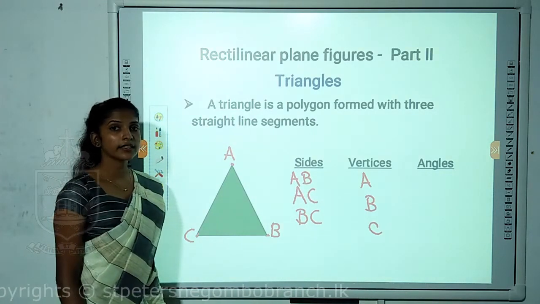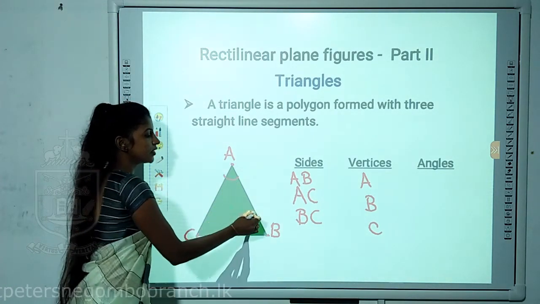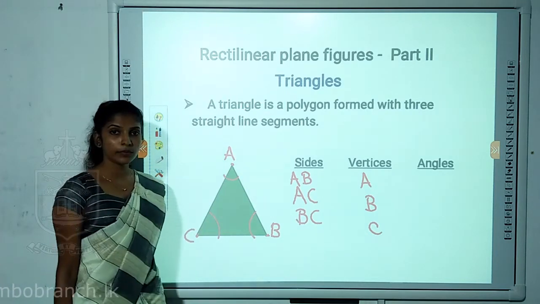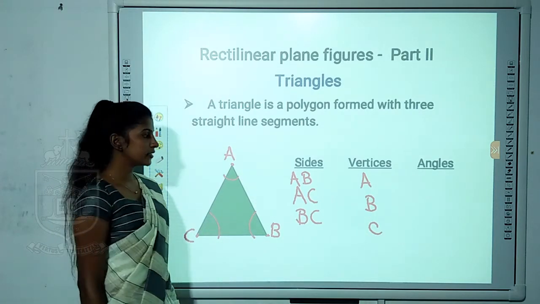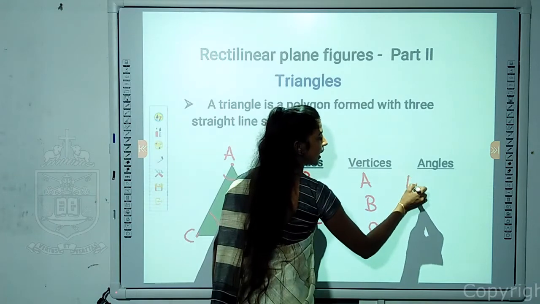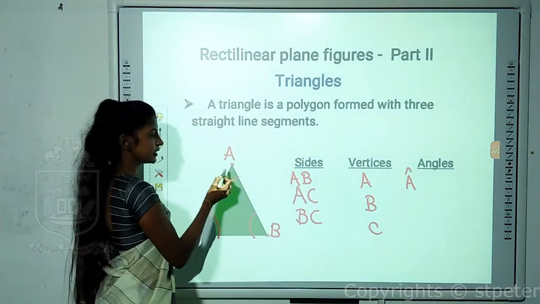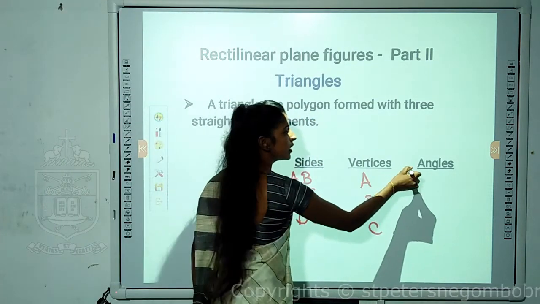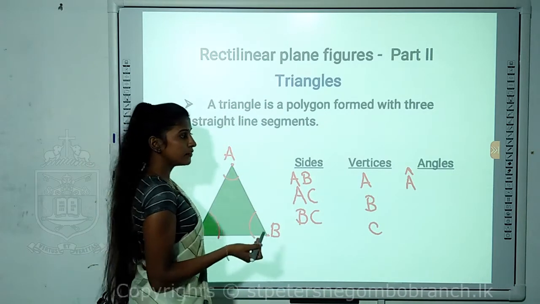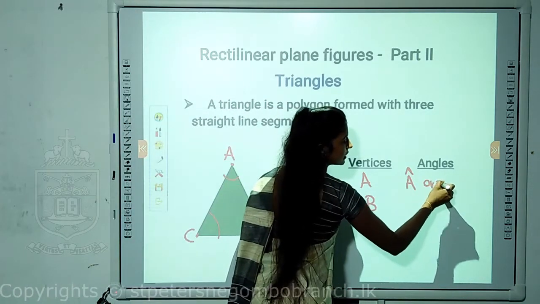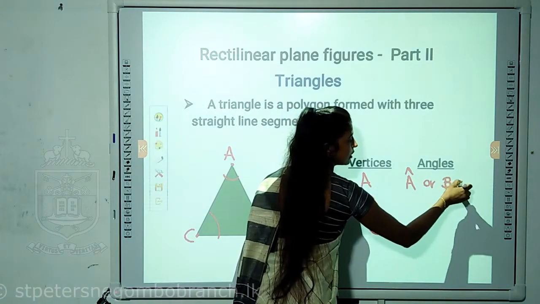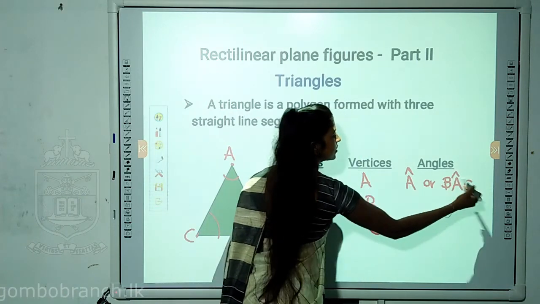And next, angles. There are 3 angles. How can we name the angles? There are 2 ways of naming the angles. The first one is you can name the angle like this. If you are representing this angle A, you can denote it like this. Or there is another way of representing that angle. That is BAC or CAB.